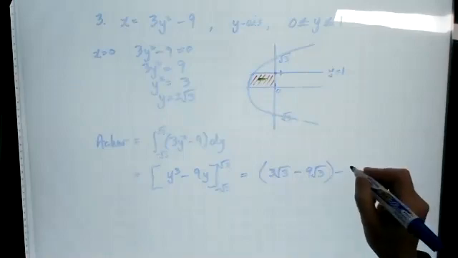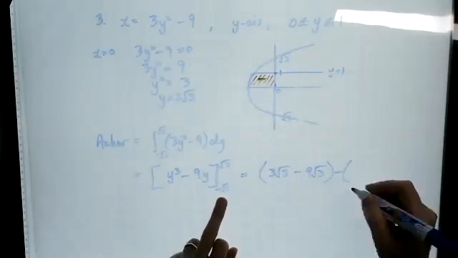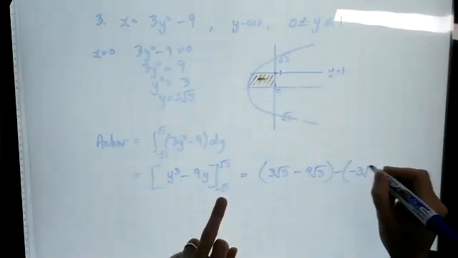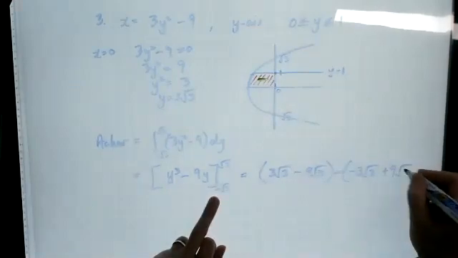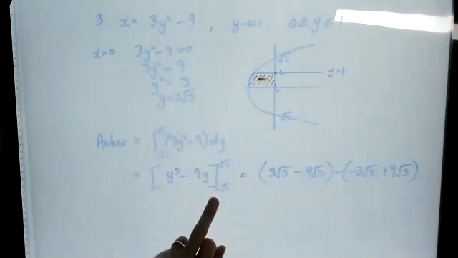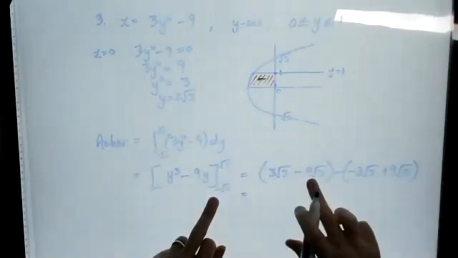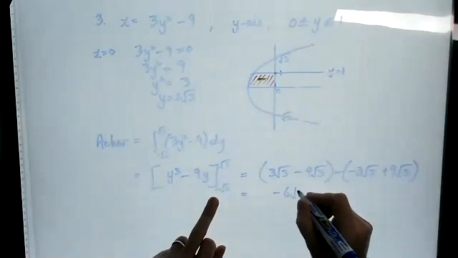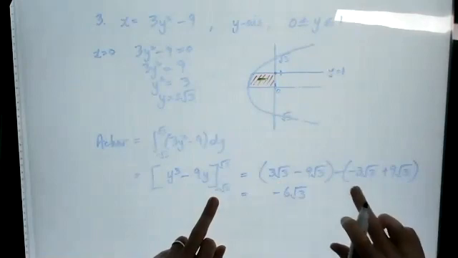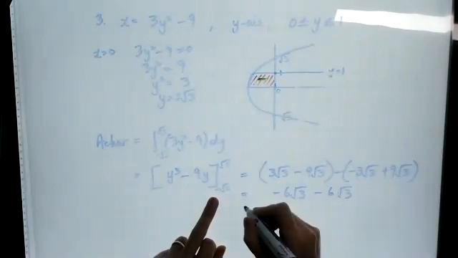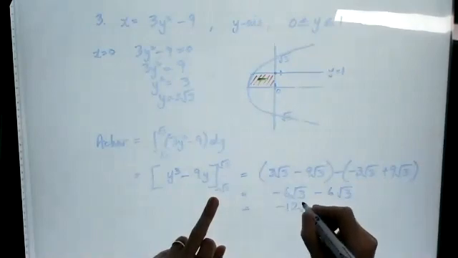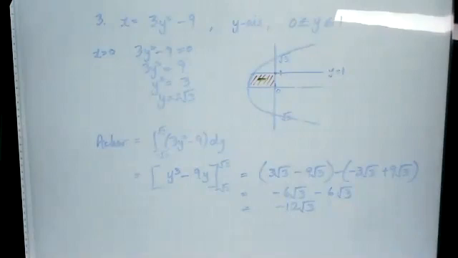Then minus the bracket at minus square root 3 cubed, so minus 3 square root 3, minus 9 times minus square root 3, which gives plus 9 square root 3. So 3 minus 9 gives minus 6 square root 3. The answer is plus or minus 6 square root 3, so the area is 6 square root 3.